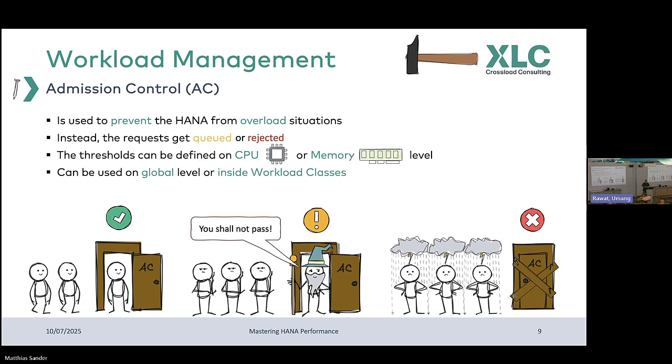So workload classes also have the possibility to be set in relation to the CPU and memory limit, or to the threshold, to make decisions on whether additional requests of this type are allowed or not. At the end, it's just important that a workload class admission control can also overrule a global admission control definition.